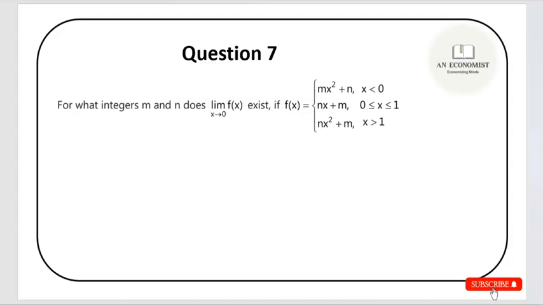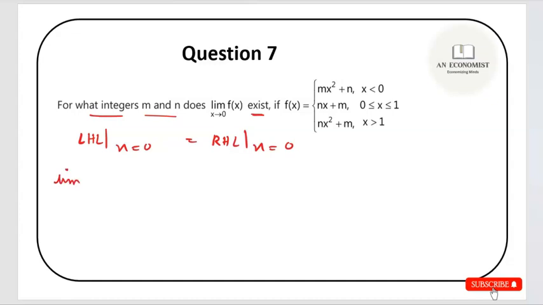Let me do another question. For what integers m and n does limit x tends to 0 f of x exist? Now exist means the left hand limit and right hand limit are equal at x equals to 0. So let's do that. Let us equate the left hand limit at x equals to 0 with the right hand limit at x equals to 0. Let me start with this.